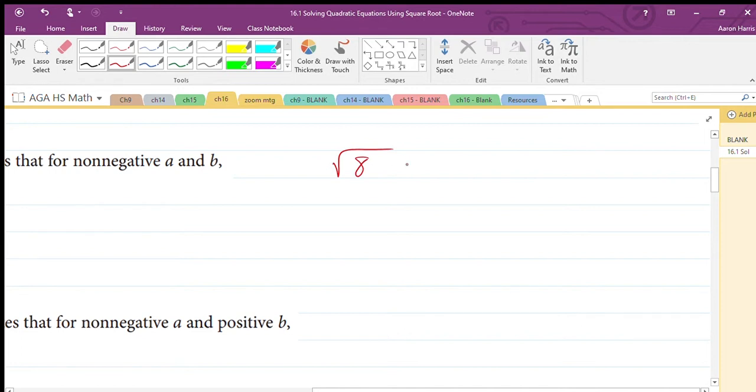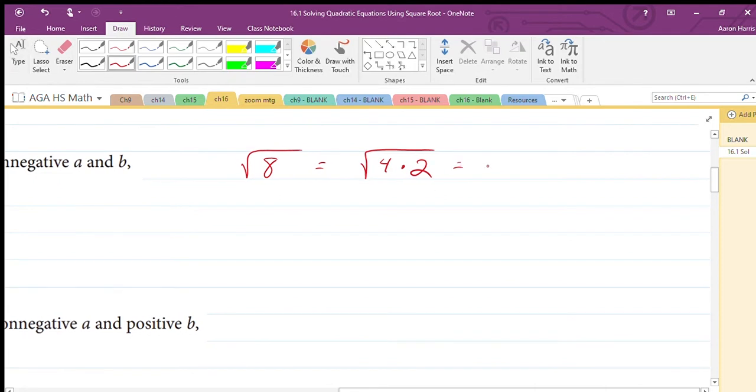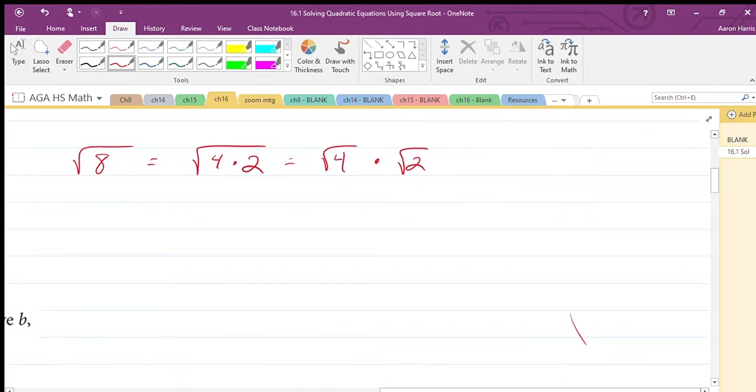I am allowed to break 8 down into its factors, which are what? 4 times 2. If we split it, the square root of 4 times the square root of 2. Well, the square root of 4 is a perfect square. Since 4 is a perfect square, I can take it out. What is that? 2 times 2.